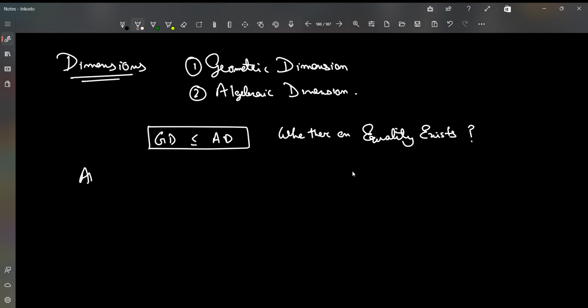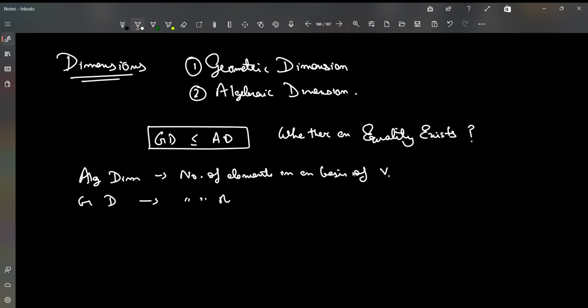The algebraic dimension gives the number of elements in a basis of an inner product space, and the geometric dimension gives the number of mutually orthogonal directions in it.